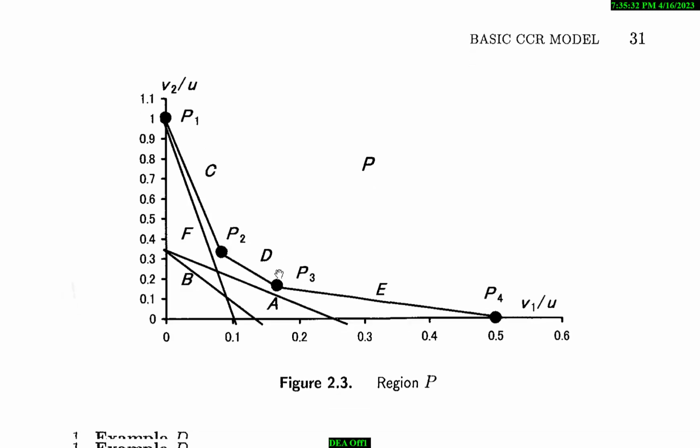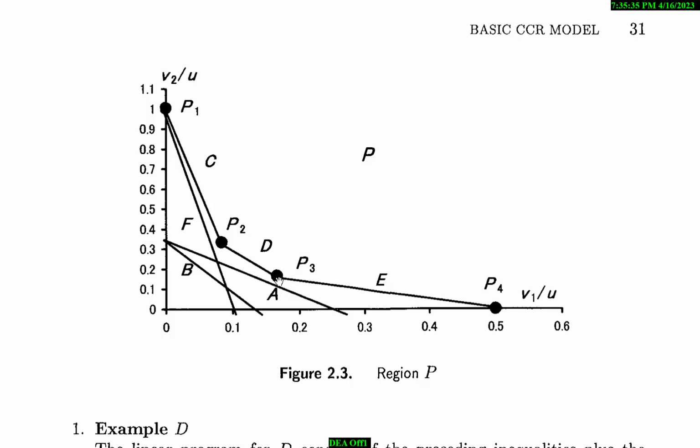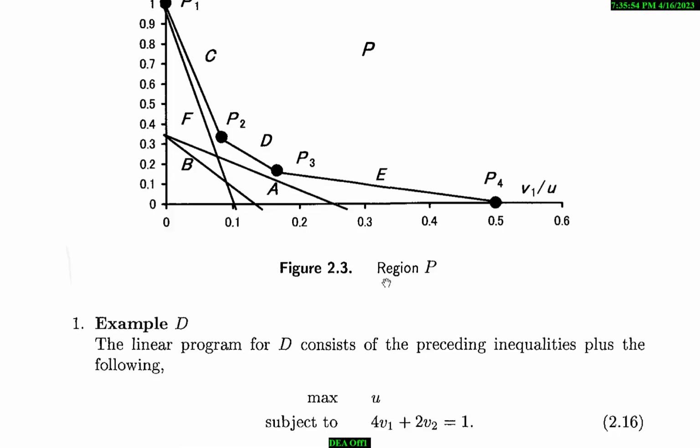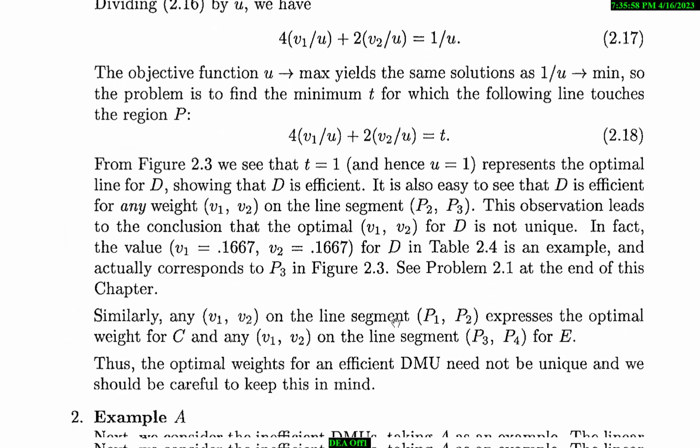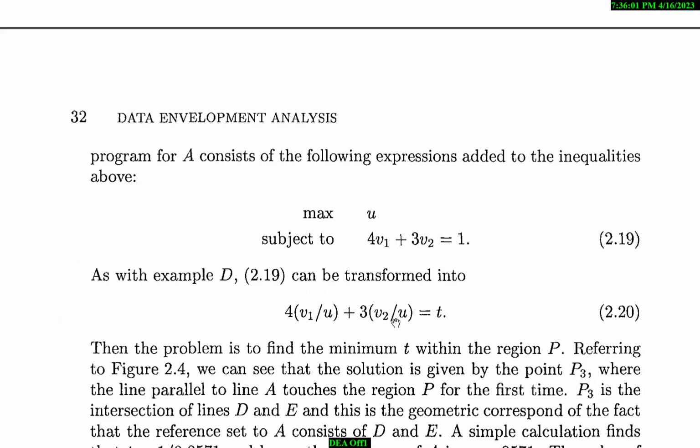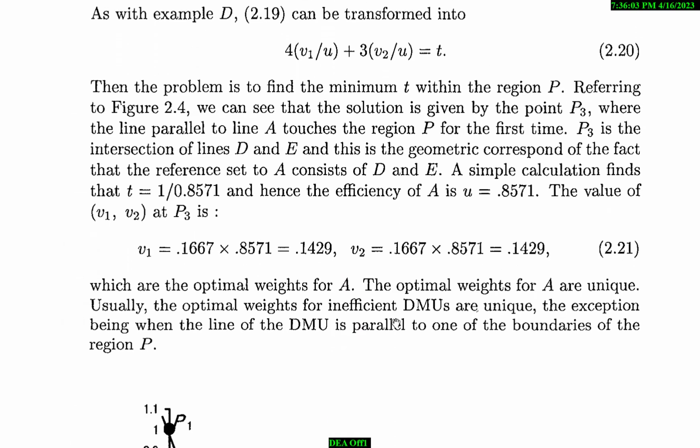So for this optimal solution, the constraints corresponding to D and E are in equality. So for A, the reference set is D and E. Indeed, you can solve the model and find its reference set.